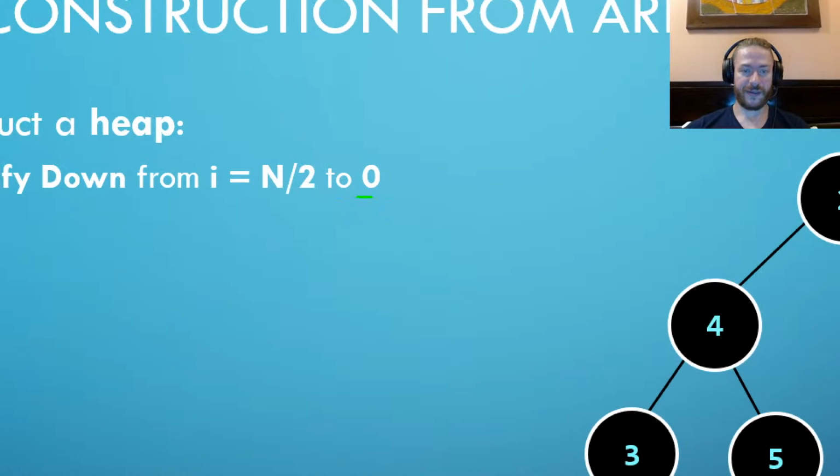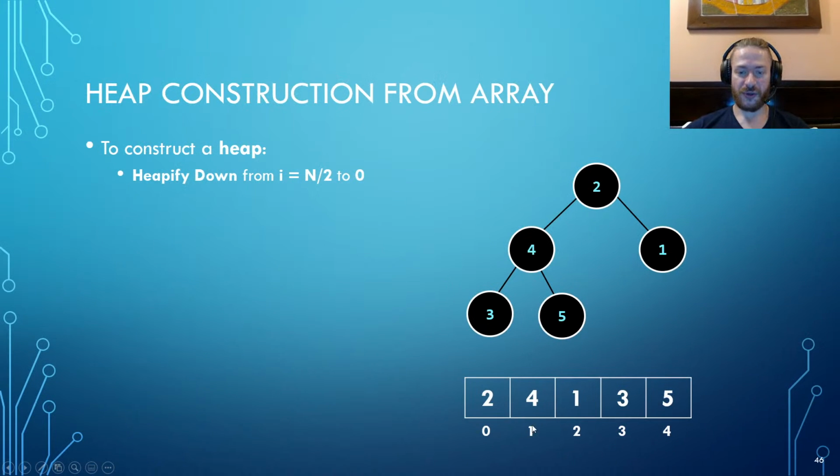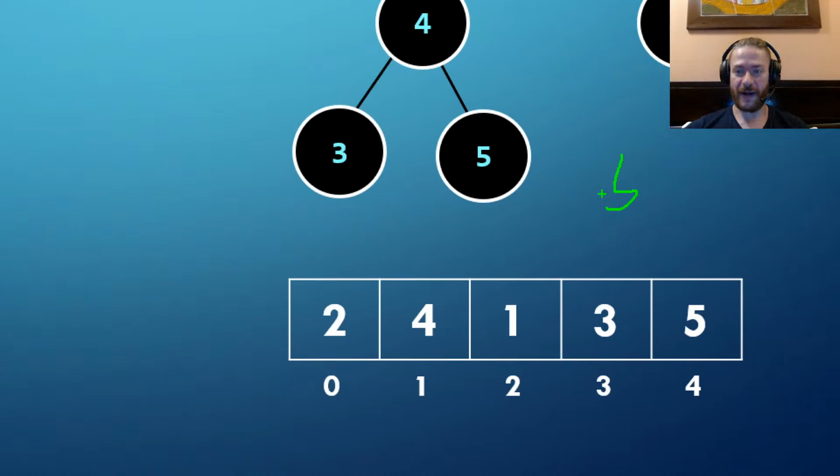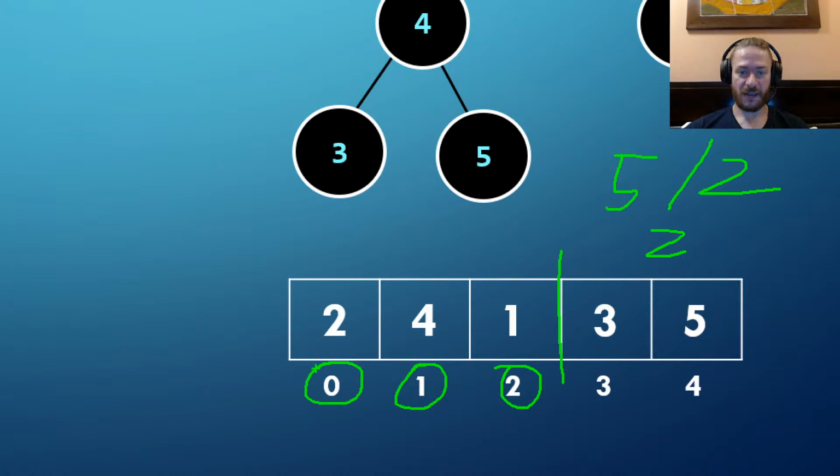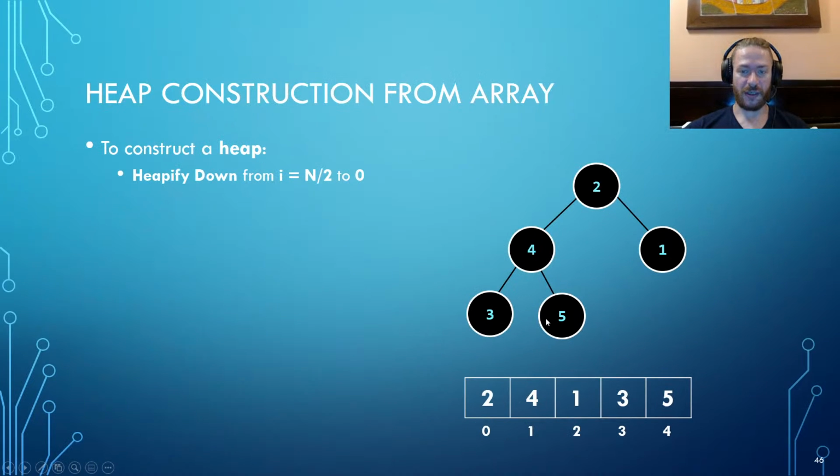until the root element. So we need to start from 5 divided by 2, which is 2. We need to start from here and heapify this, and heapify this, and change the orders.